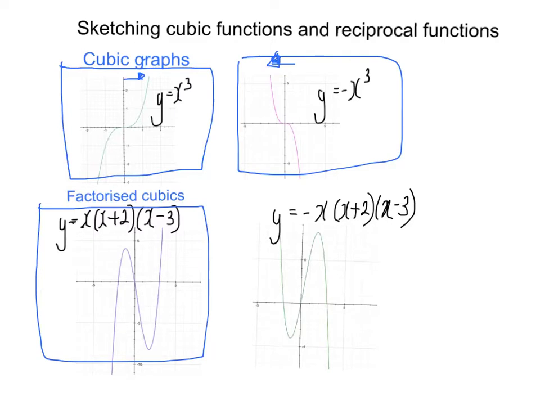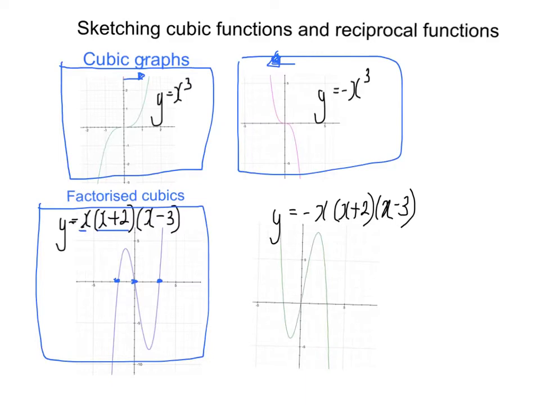What this means is that there are roots when x is 0, that's that one, when whatever makes this bracket 0, when x is minus 2, and when x is 3. So by knowing where the roots are, we can plot those.